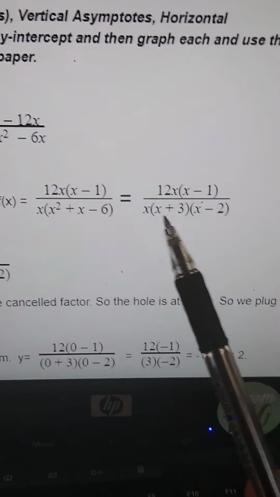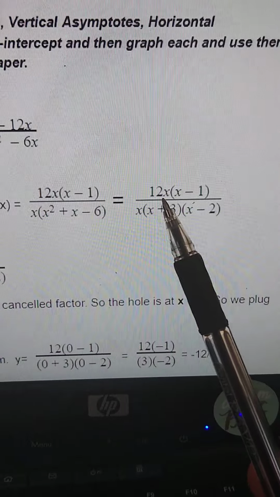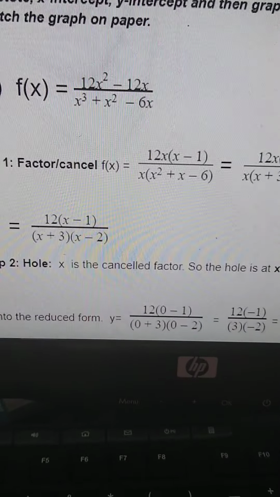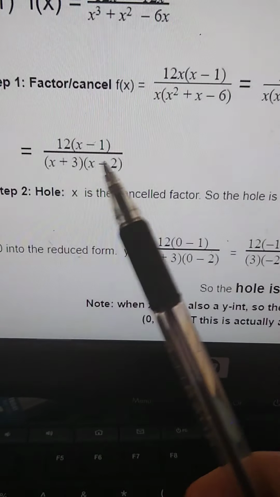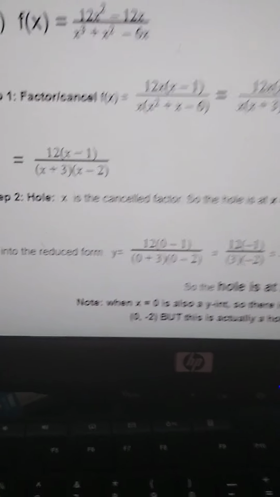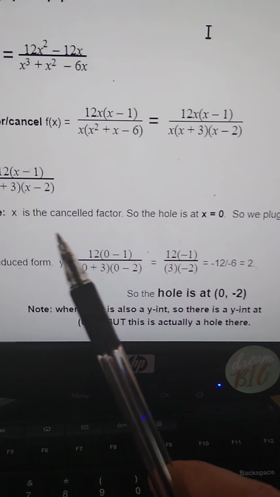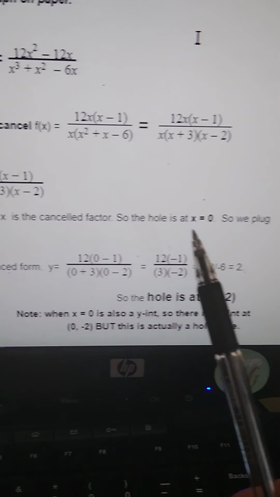So there's no quantity that cancels. There's no shared factors there, but there is a shared factor of x. So I'm going to cancel those x's out. And when I cancel x out, it leaves me with just the 12 and then the 3 parentheses. So my hole comes from the canceled factor, which was just x. So x is the canceled factor, so when I set x equal to 0, I get a hole at 0.